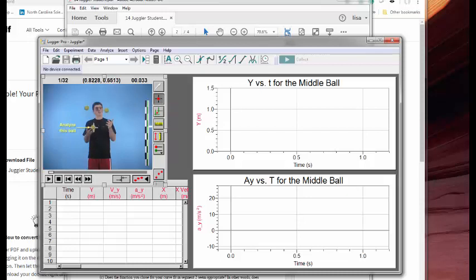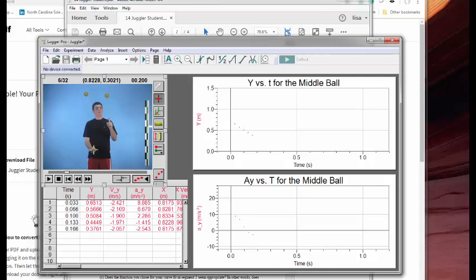So I'm going to pick the center of the ball, and I'm going to basically track it for each frame, for all 32 frames. I want to try to be really careful to always track that same point. And this literally takes just a few seconds to do. It's not bad at all.